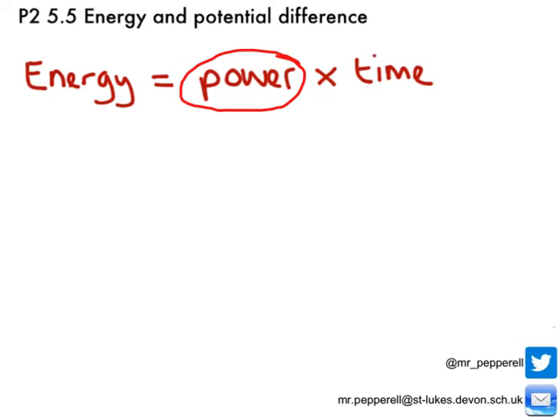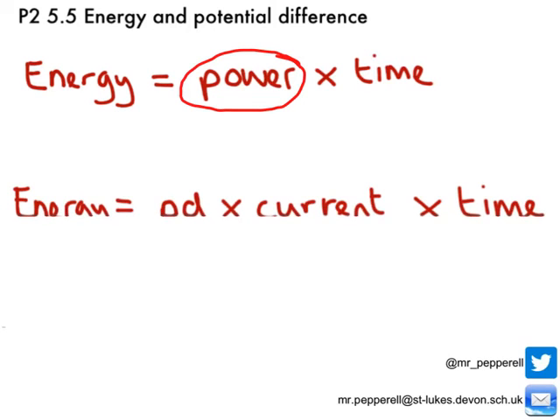So I could rewrite the equation as energy equals potential difference multiplied by current multiplied by time, because potential difference multiplied by current is how I work out power. Those two equations say the same thing; I've just extended the power bit.